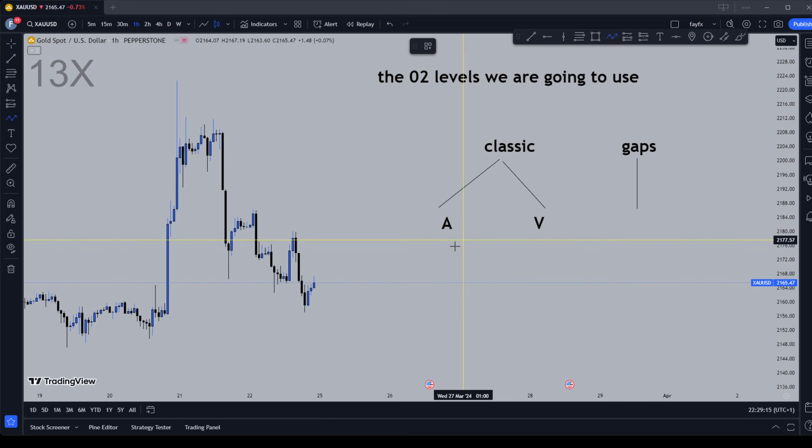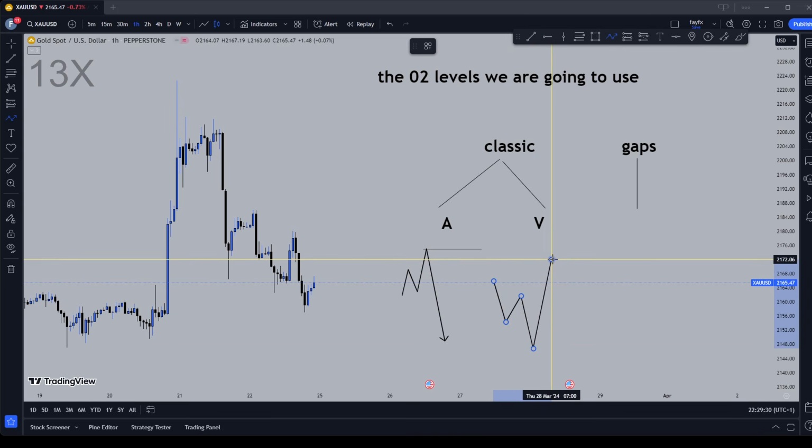A V level is something like this. This is the level we are going to use. An A level is something like this. It's the level we are going to use.